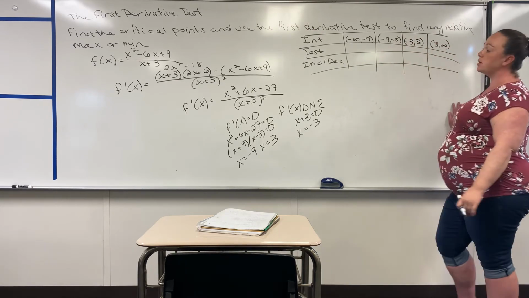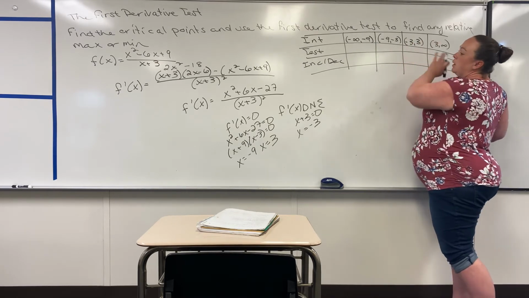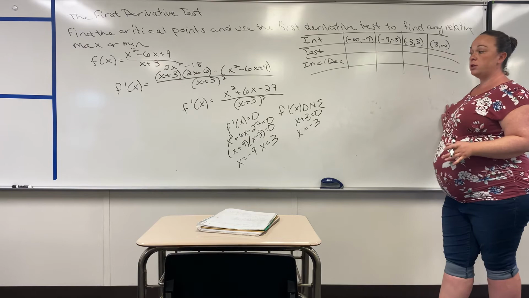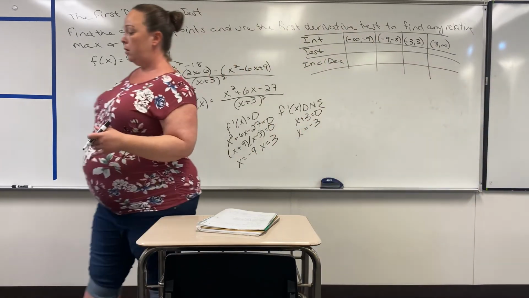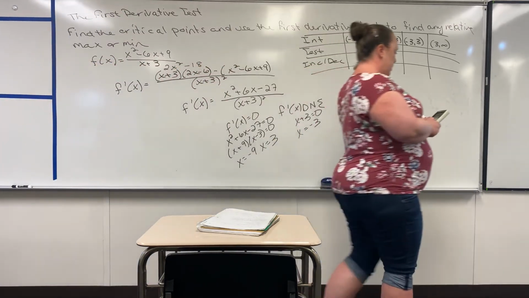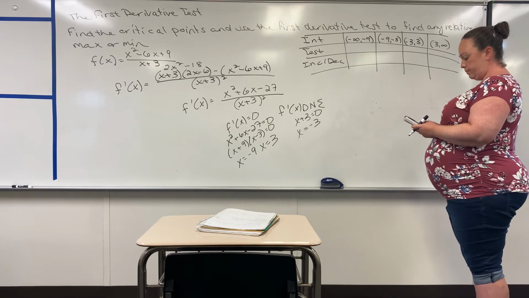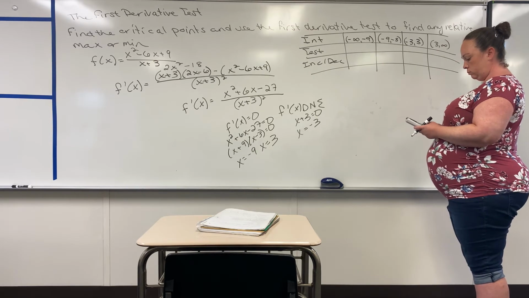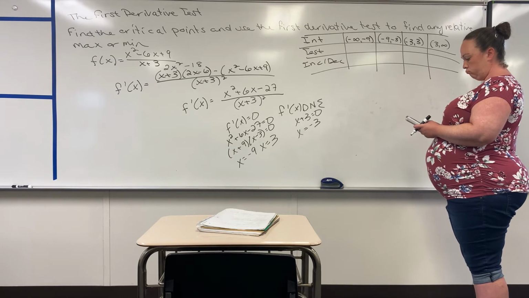All right, so remember, technically what you're doing is you're plugging a point from each interval into the first derivative so that you can see if you end up with a positive or a negative value. But the shortcut for doing that is if you just graph your derivative function, saves you time.